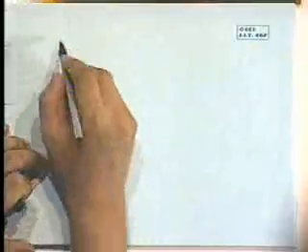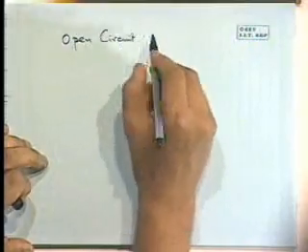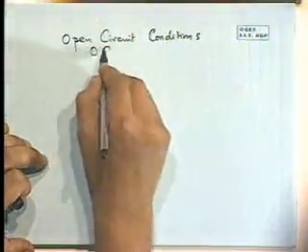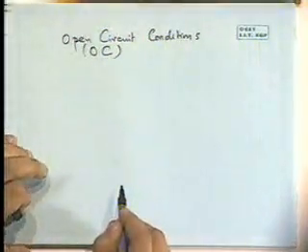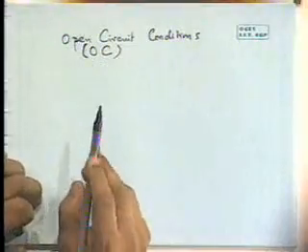Now, in open circuit conditions, I'm not connecting anything to the ends of the semiconductor. I'll refer to open circuit simply as OC from now on. Okay. We're going to see what will happen. Is there any current flow in this system?